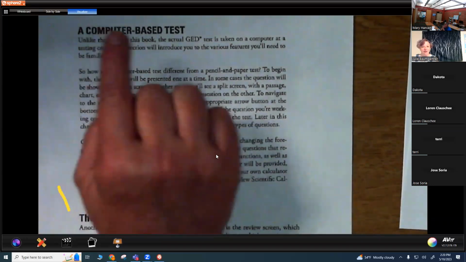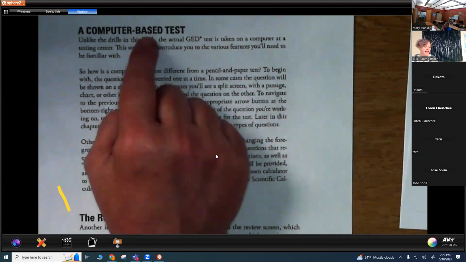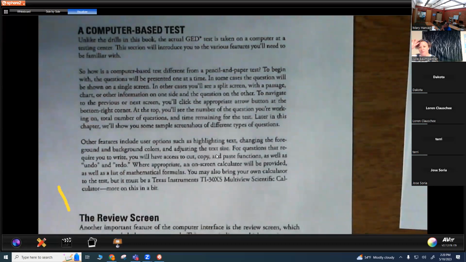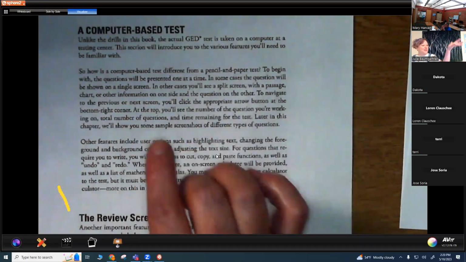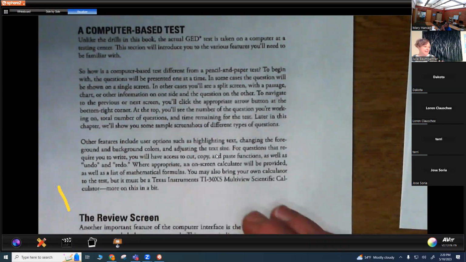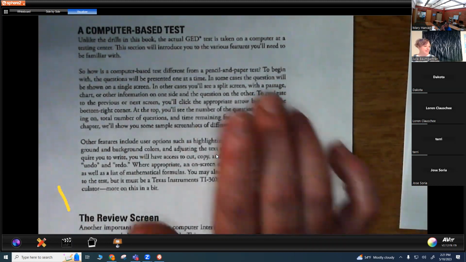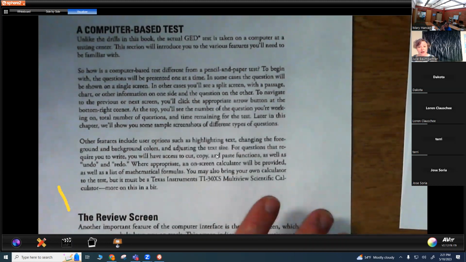All right, so I think everyone is familiar with the fact that the GED test is a computer-based test. At least all of you have already taken placement tests and potentially progress tests. So hopefully computer-based testing is something you're pretty comfortable with.